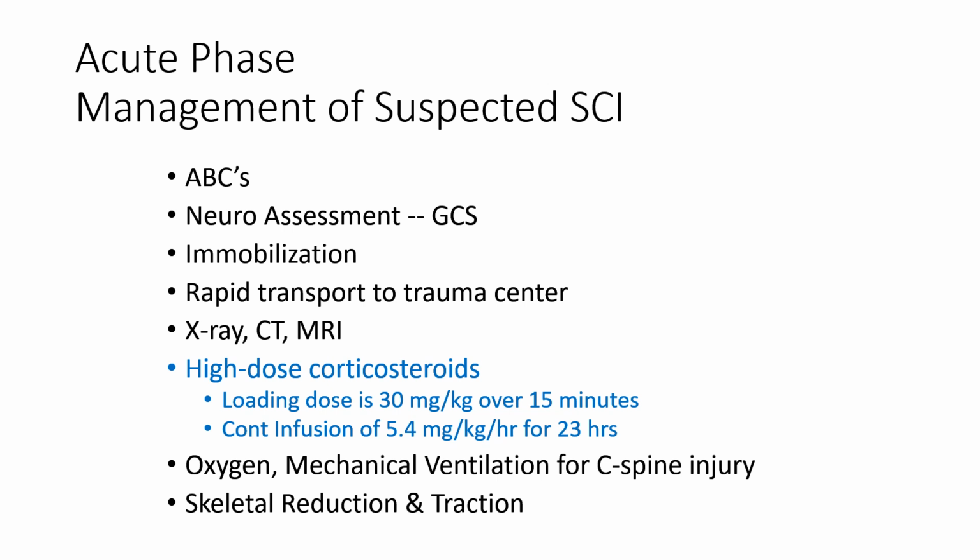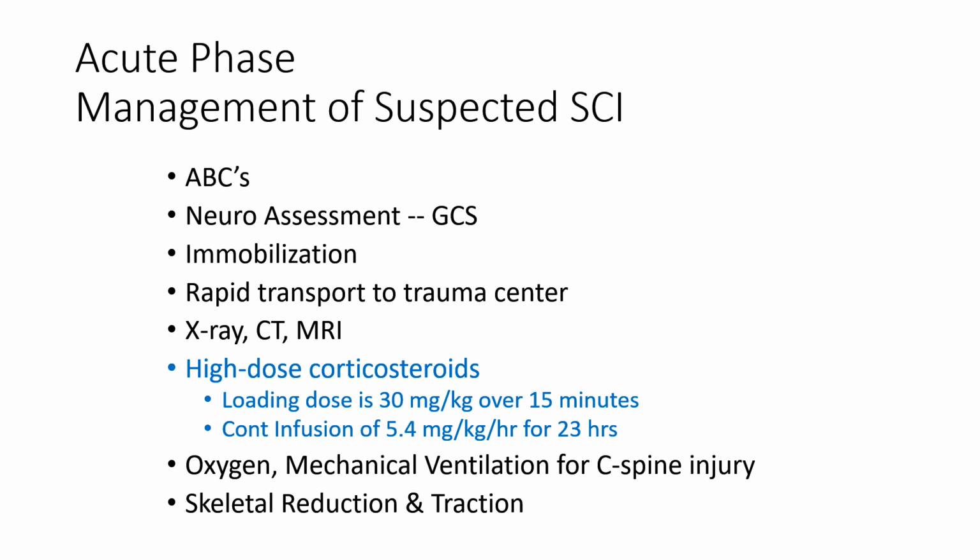We want to be sure and immobilize these patients at the scene because anyone with a head or neck injury must be considered to have a spinal cord injury until it's ruled out. So we want to immobilize them on a backboard and avoid any twisting of their neck or any movement en route to the ER in case they may have a fracture, but they may not have a spinal cord injury, and we want to prevent that.